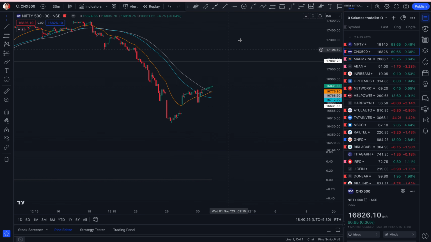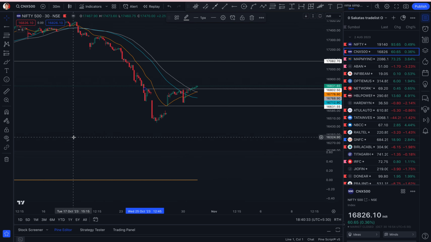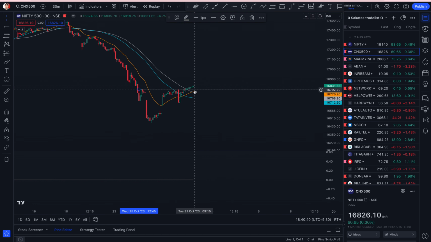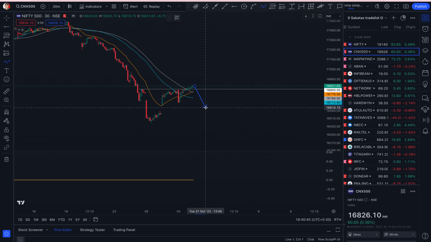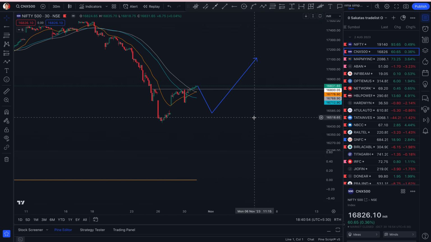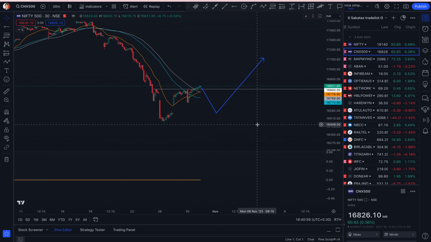Even in a 30-minute time frame we just made a higher high, you know. And so the best case scenario in my opinion would be, because I do not trust this, unless and until I see a low which is basically higher than this one, then I can think of this bounce having some sort of real strength.